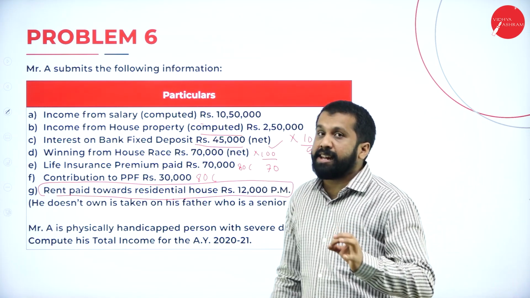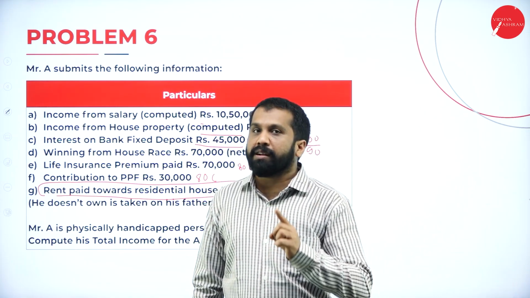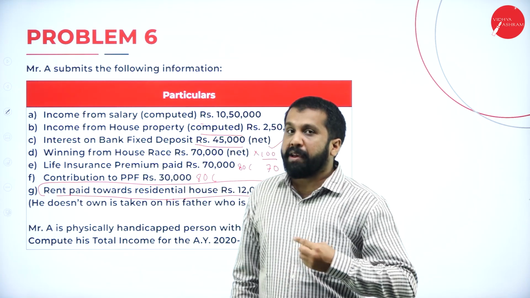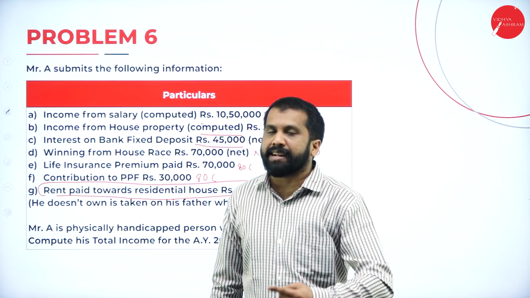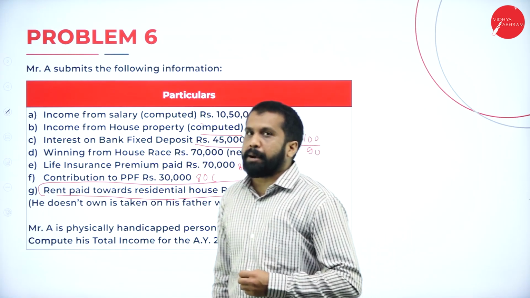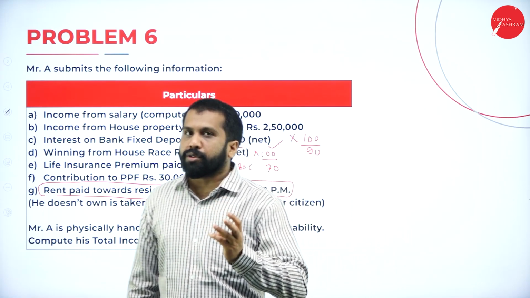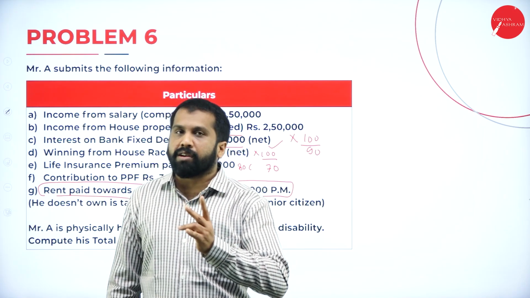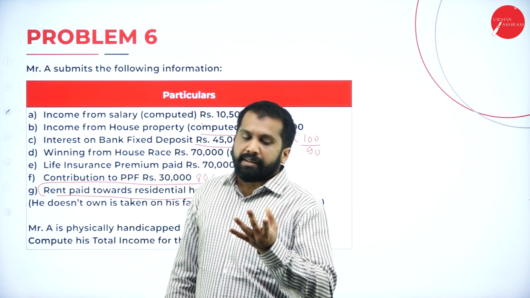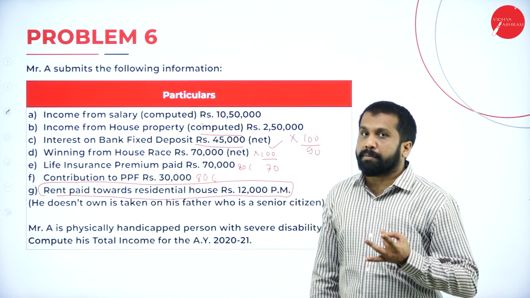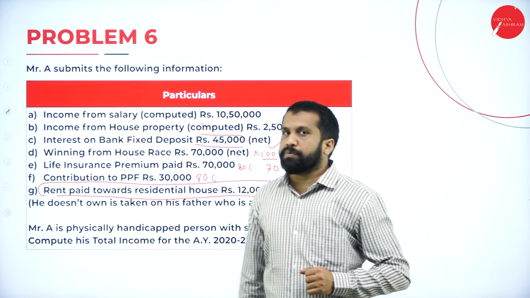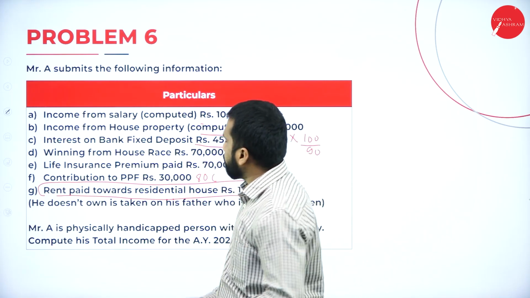What is it? 80GG for rent paid, not received. Received means house property. Paid means you have to take deduction. Under this, what happens? 5,000 into 12 and your 25% of the adjusted gross total income and 10% of the gross total income minus actual paid. Whichever is less has to be taken. We'll do this working note in this session.